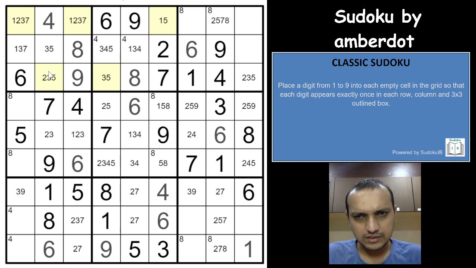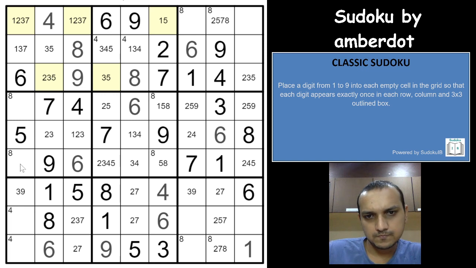Let us see if there is anything else. Three would have to be one of these cells, so nothing with the threes. 3 can be in one of these cells.